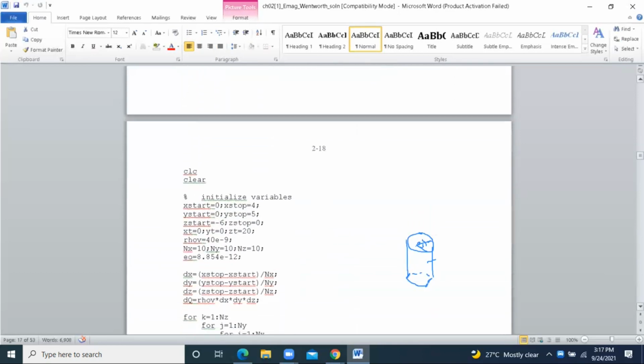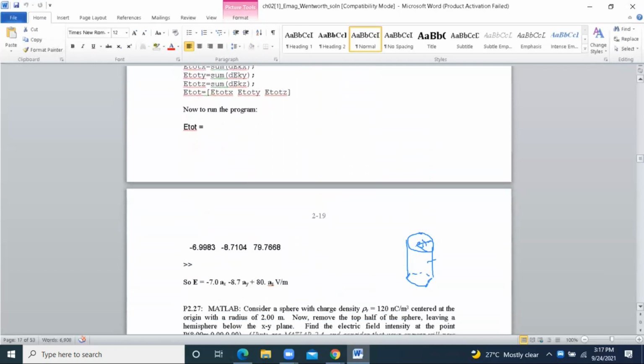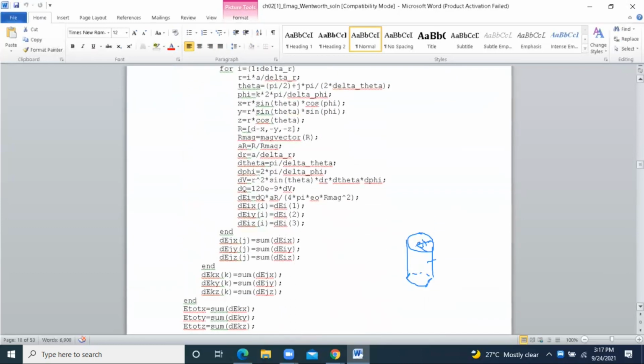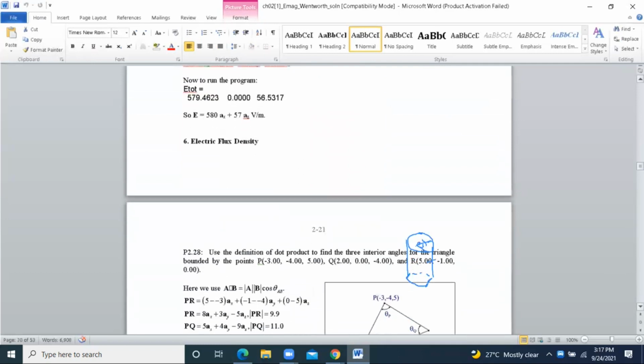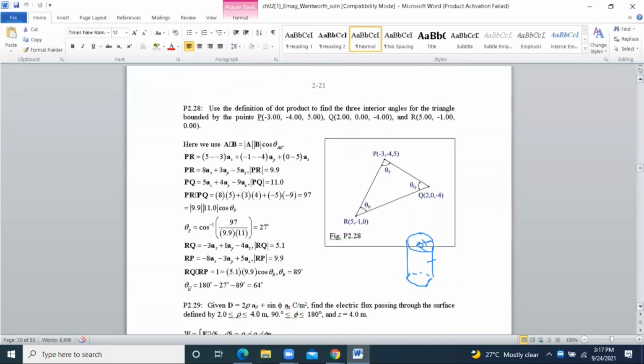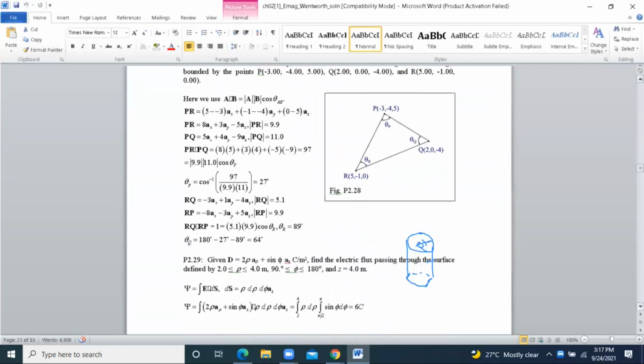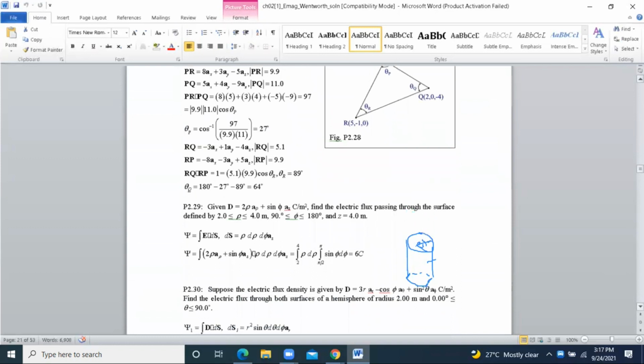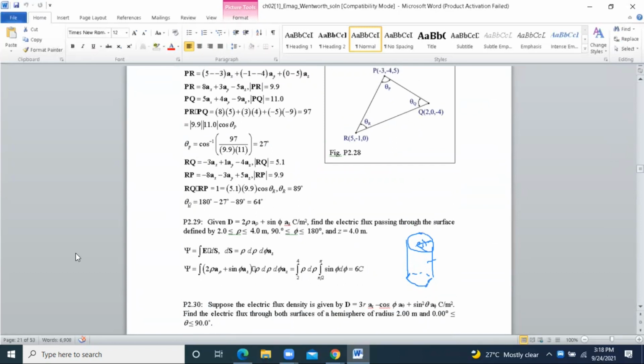If we go back to our problem now, picture the 2 to 4, the angle, and the z.